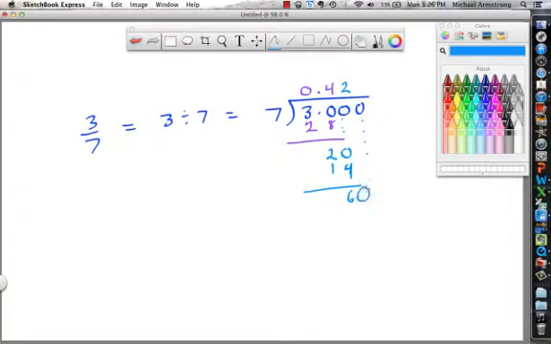Bring down the 0. Change colors again just for fun. 7 goes into 60. 7 times 8 is 56, right? That's going to leave 4. I have to add another 0. Now this might be one of those that goes on forever. I had 30, 20, 60, now 40. 7 times 5 is 35, which leaves 5.